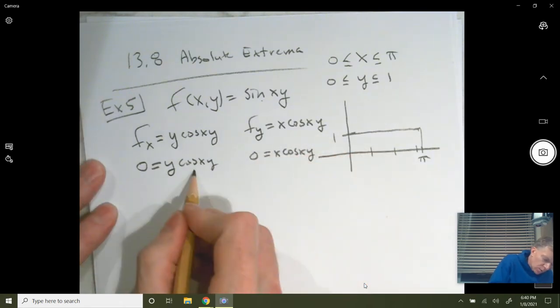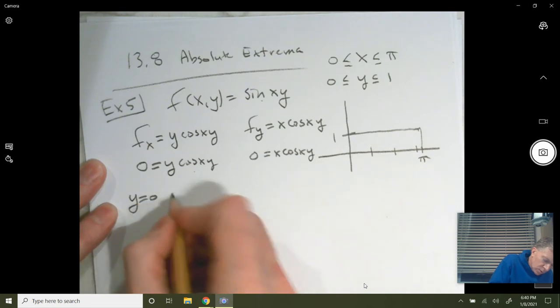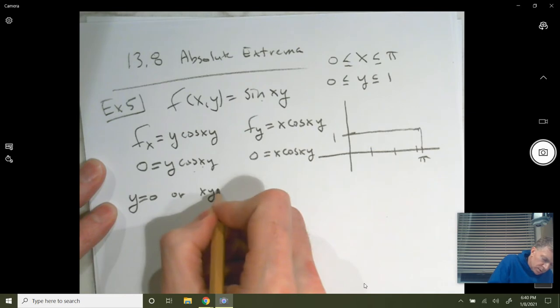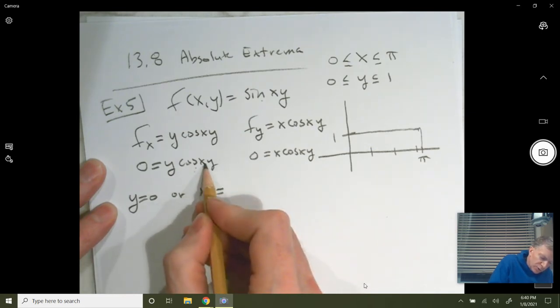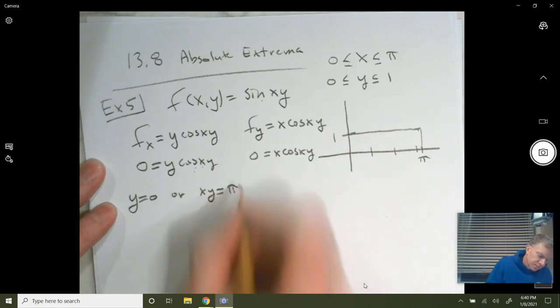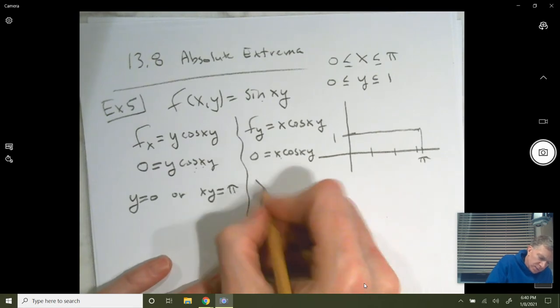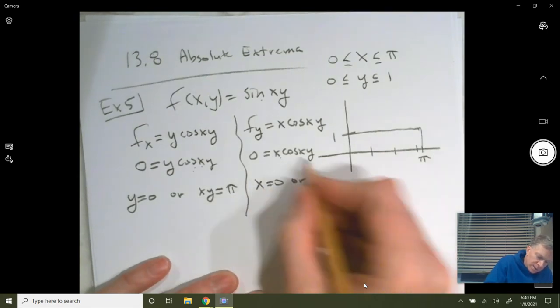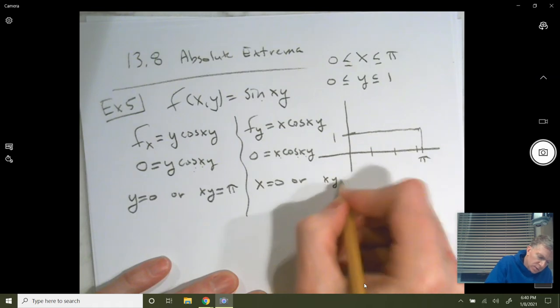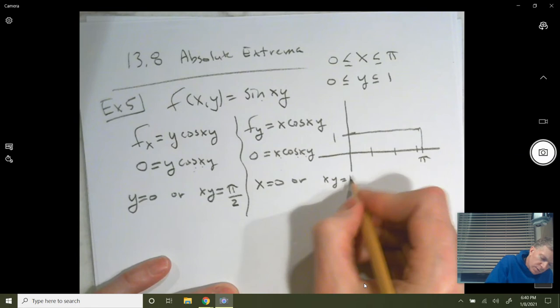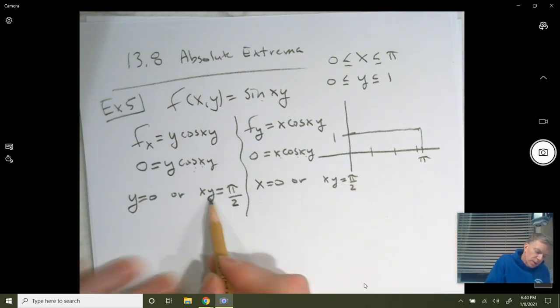This is 0 when y equals 0, or when xy equals pi over 2, since cosine of pi over 2 is 0, correct? And then this one will be 0 when x equals 0, or when, same thing, xy equals pi over 2, right? Cosine of pi over 2 is 0. So xy would be pi over 2, cosine of pi over 2 would be 0.